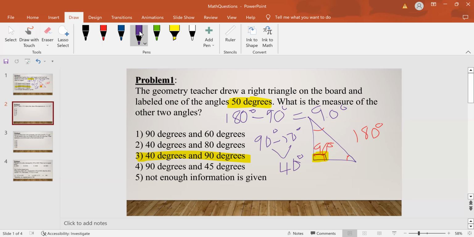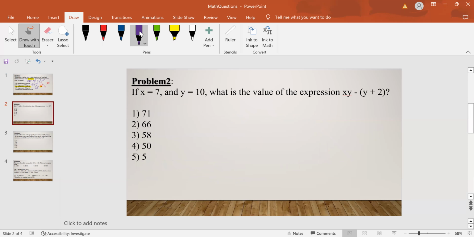Okay. The next question. If x is 7 and y is 10, what is the value of the expression xy minus (y plus 2)? xy means x multiplied by y, minus parentheses y plus 2.